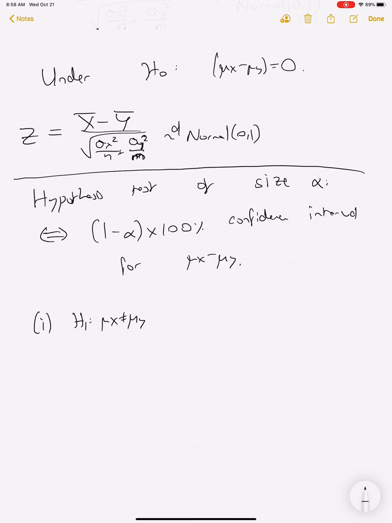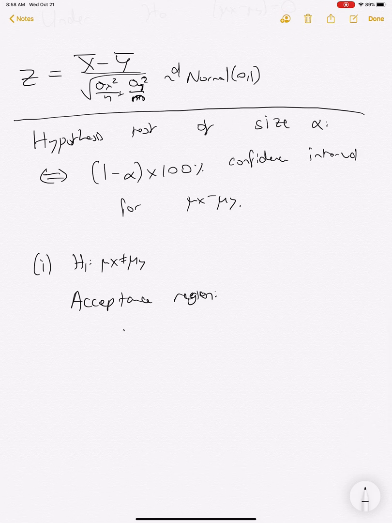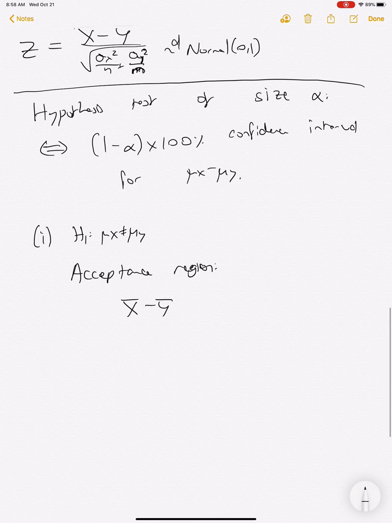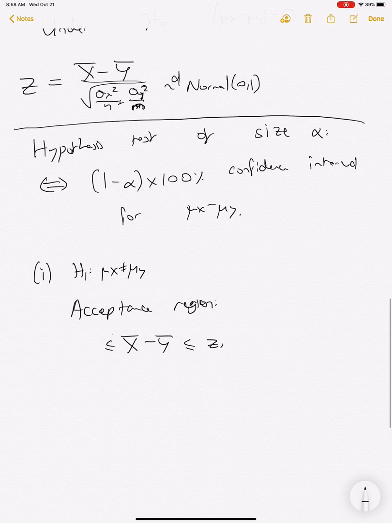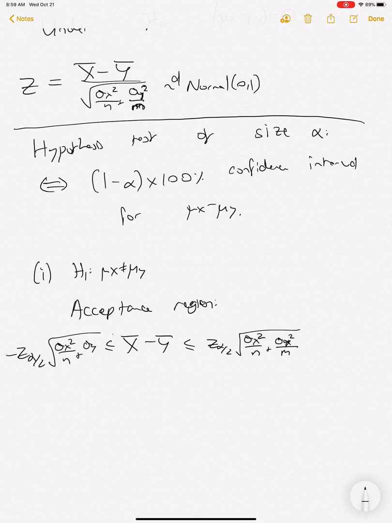Then we can clearly see that the acceptance region, so that's the region in which you accept the null, is going to be x bar minus y bar is going to be less than or equal to z alpha over 2, and then greater than or equal to negative z alpha over 2. Okay.